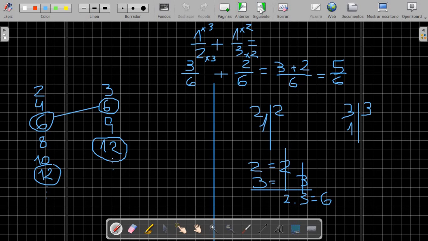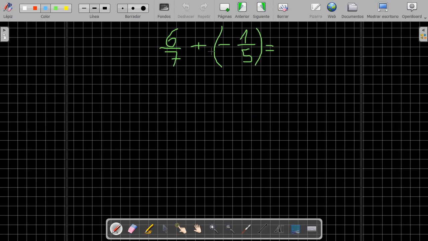We must find equivalent fractions with the same denominator, and for that we need to find the least common multiple of the denominators. Well, if you remember, rational numbers could be negative. So what will happen if we have to add a negative number just like here?